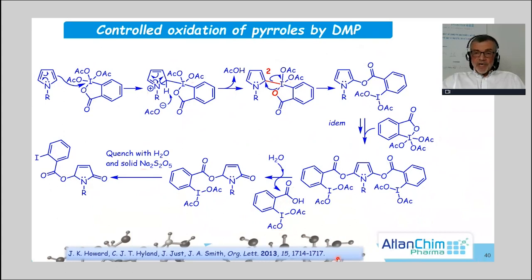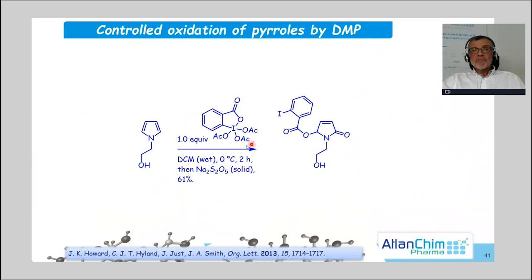To better evaluate the chemoselectivity of this oxidation of pyrrole compared to a primary alcohol with Dess-Martin's reagent, this N-substituted pyrrole with this primary alcohol function here was subjected to the oxidative reaction conditions.